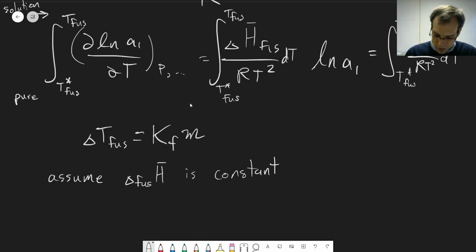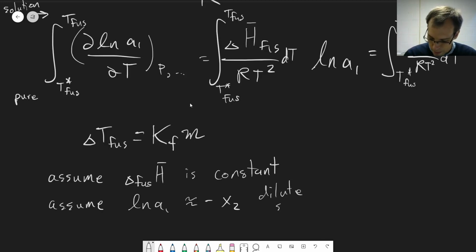And we can assume that we have a sufficiently dilute solution such that natural log of A1 is approximately equal to negative x2, and we've seen this approximation before.